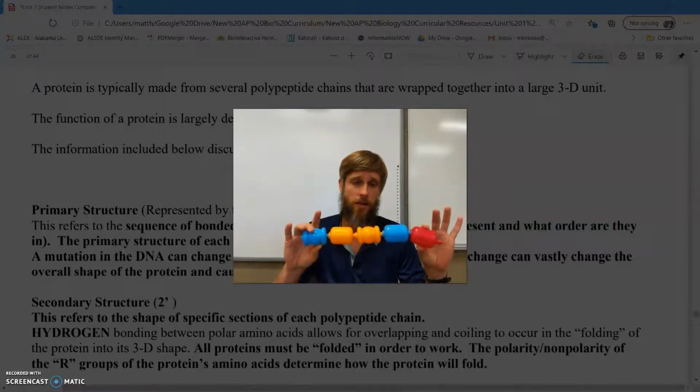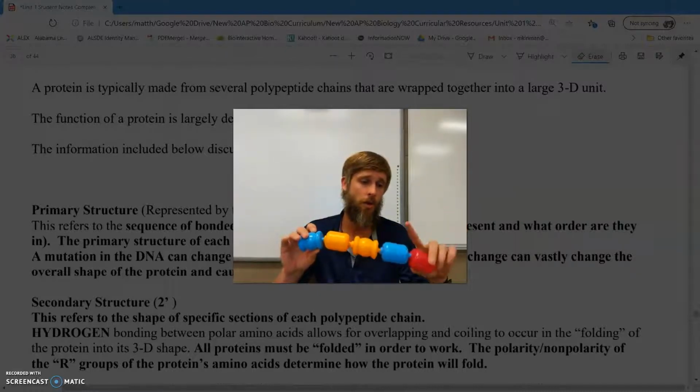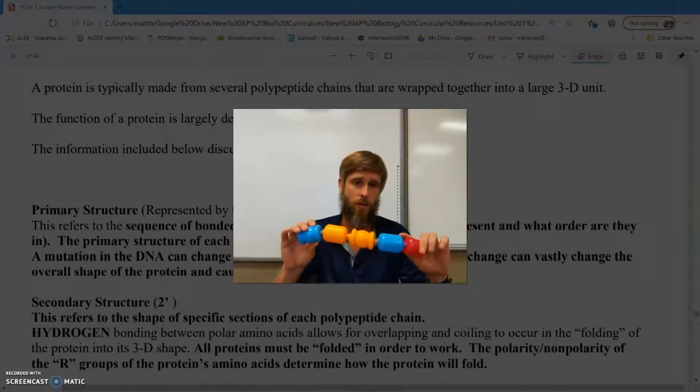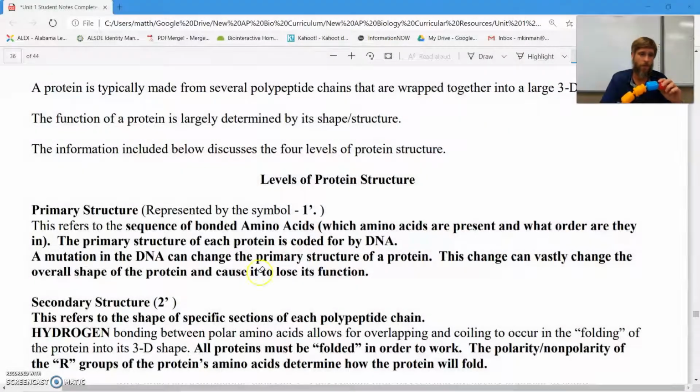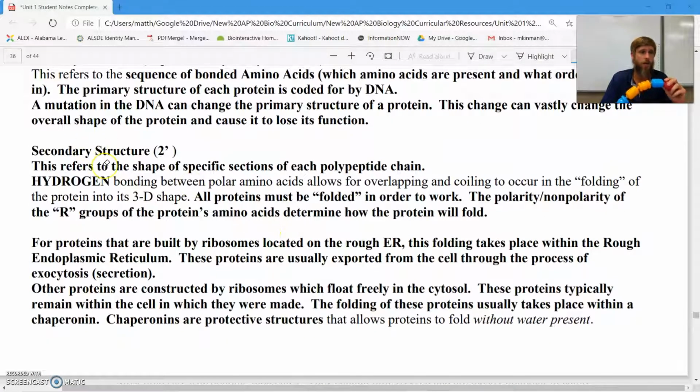So now we just changed our structure. So the function of this protein is also going to change. No longer is this one purple, it is blue. The blue one doesn't do the same thing as the purple one. All right, so that's very important to understand. That's how mutations work. And from the primary structure, we go into the secondary structure.